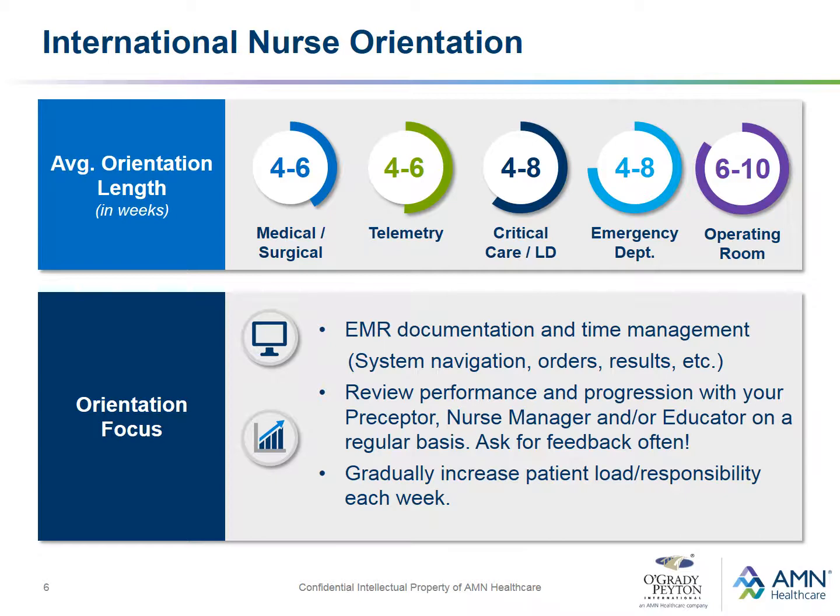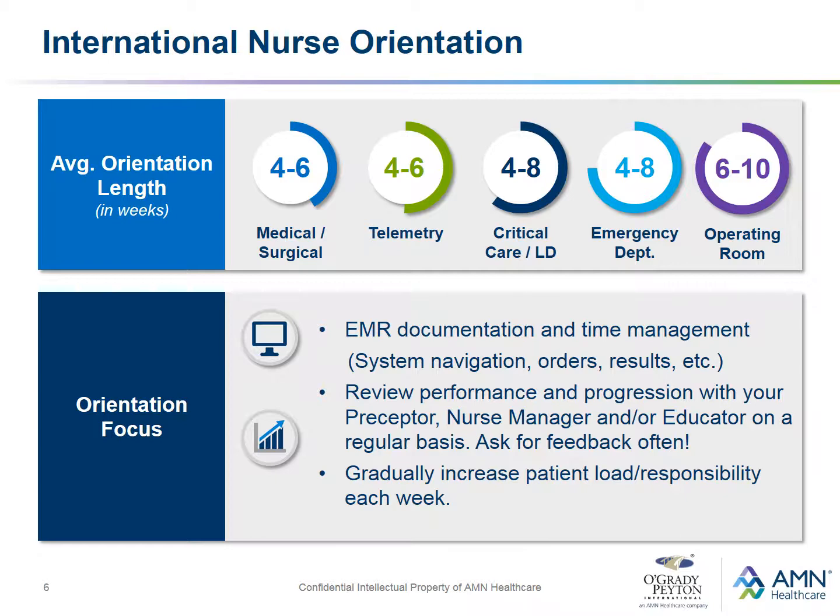Be sure to review your performance and progression through the orientation with your preceptor, educator, or manager so that you know whether you are on target to come off orientation within the expected time or whether any further work is needed for you to meet the orientation time deadline.